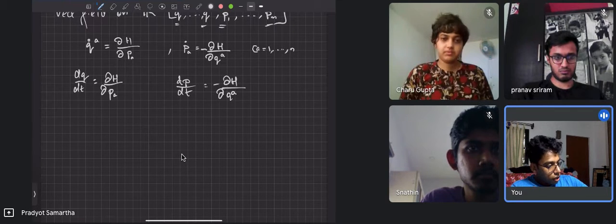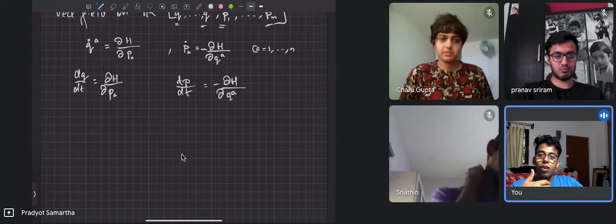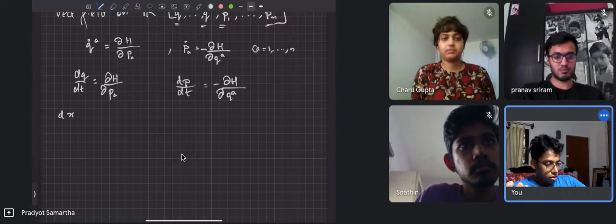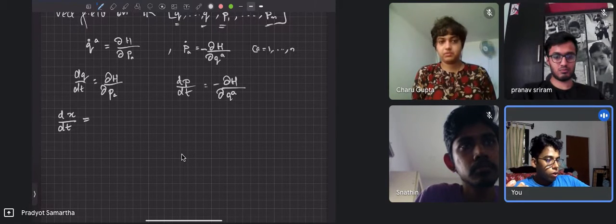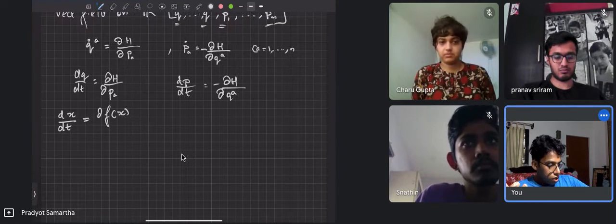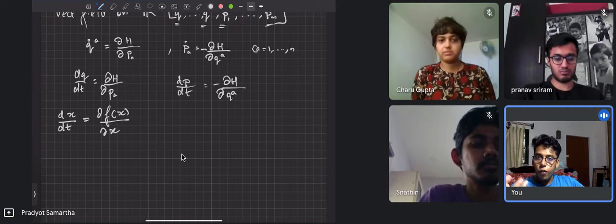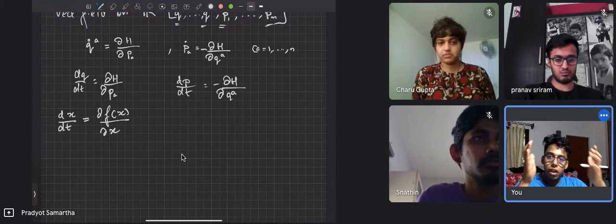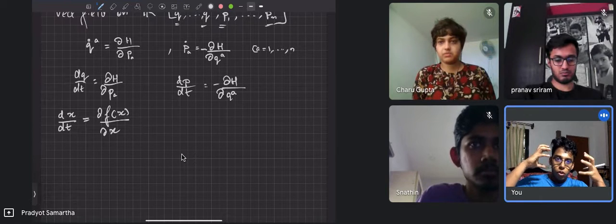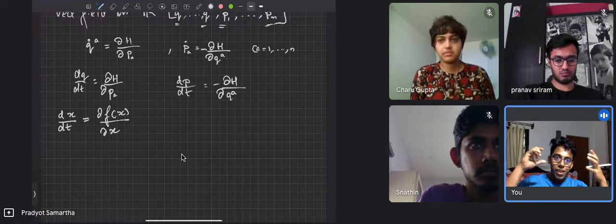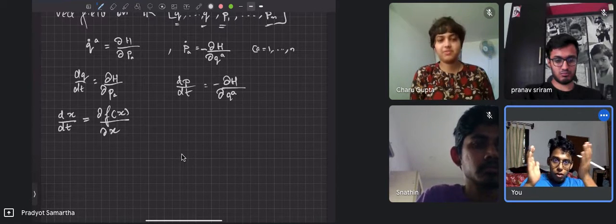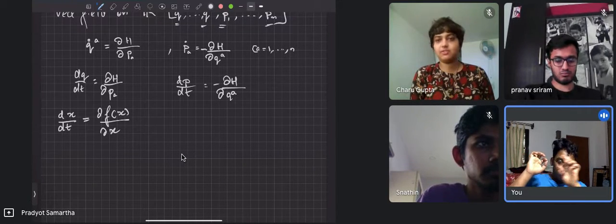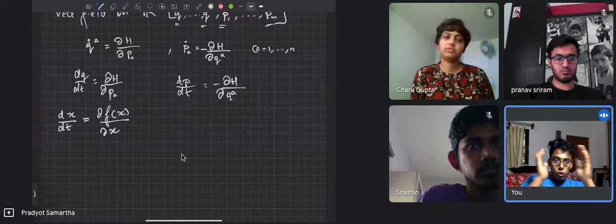So instead of talking about dx by dt is equal to f of x, instead of a direct transformation like this, I'm breaking up your x, I'm breaking up your tuple, the 2n tuple, by halving it, and then mapping the first element of the first half to the first element of the second half.